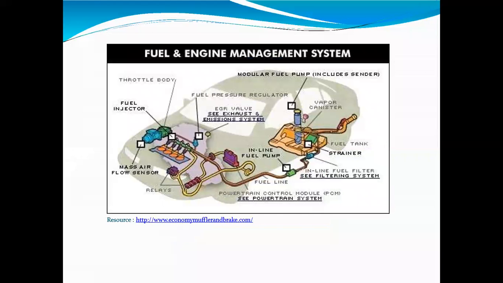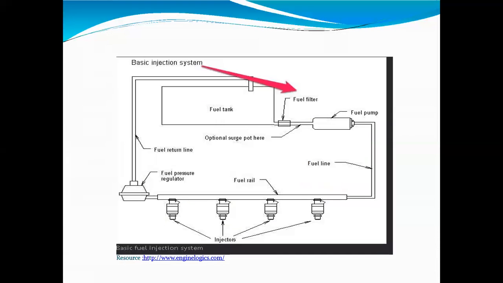This is the fuel and engine management system with the fuel and transmission unit. So, the basic injection system: the basic process of the engine is air injection and petrol fuel injection or diesel fuel injection. That is injected by different injectors under computer control, that is, electronically controlled injectors.